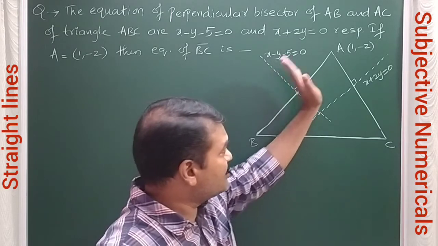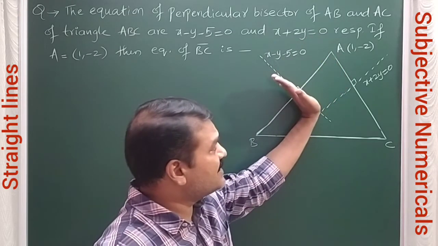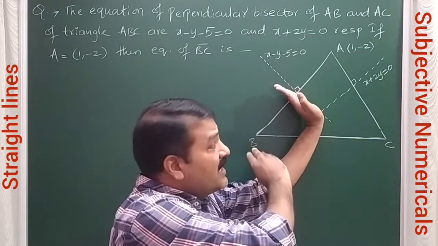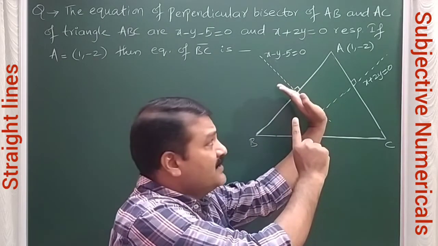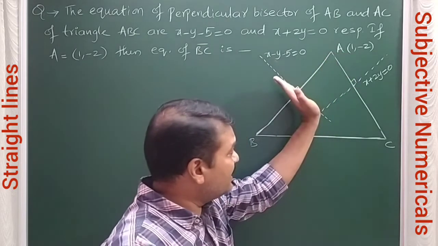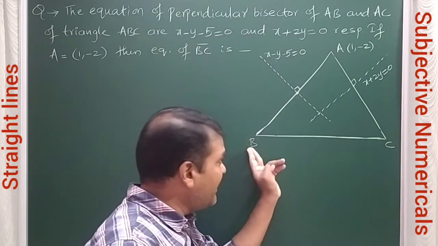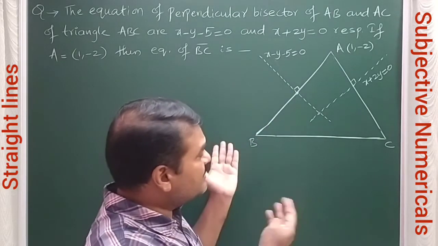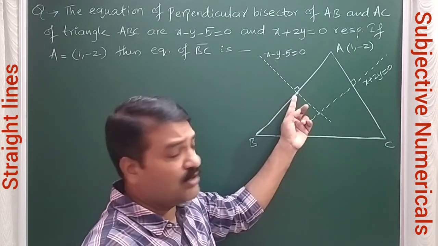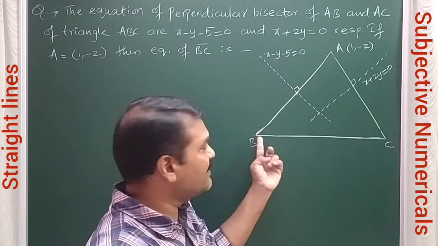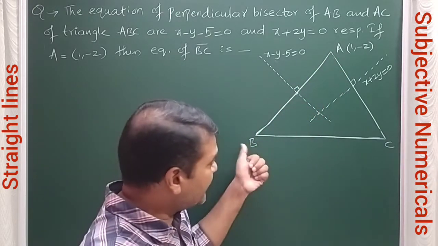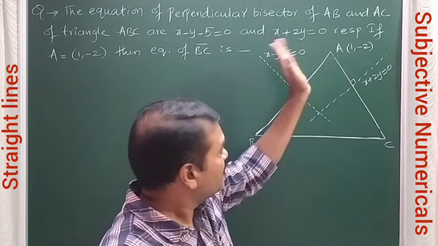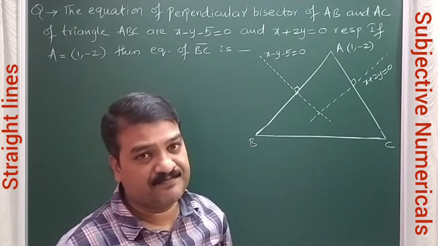So the distance of A from the line and the distance of its image from the line will be the same. And we can see from the figure, this is the midpoint. Automatically this distance and this distance will be the same. So B can be taken as the image of this point with respect to the line.